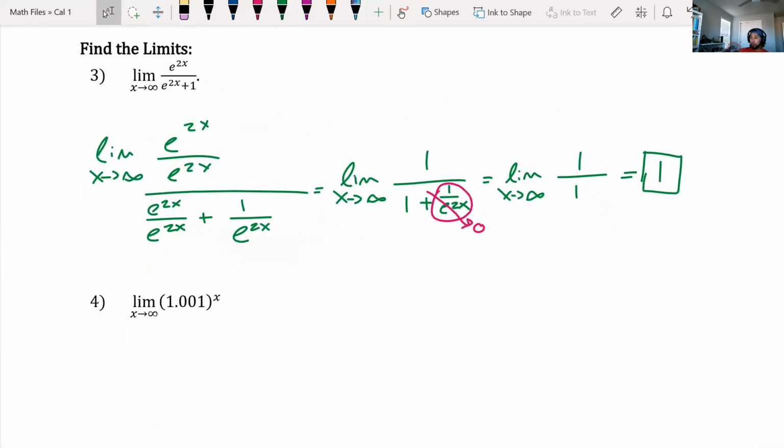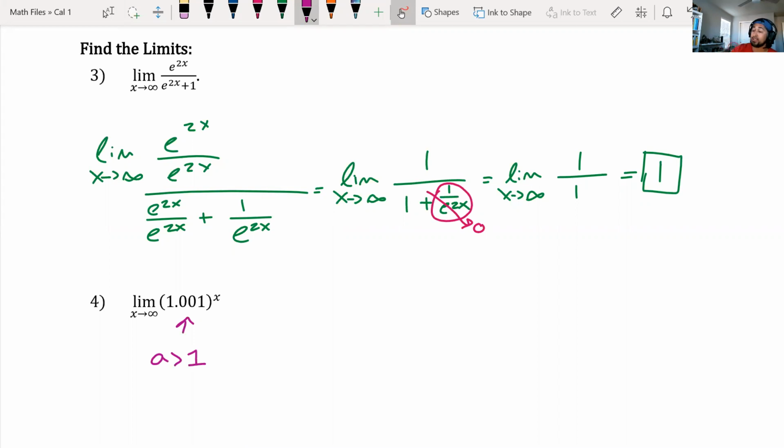So once again, for number 4, using the limit properties on the first page, we have the limit as x approaches infinity of 1.001 to the x. Now this is an exponential function, and our base, well, is this base bigger than 1? Yes, right? This base is bigger than 1.